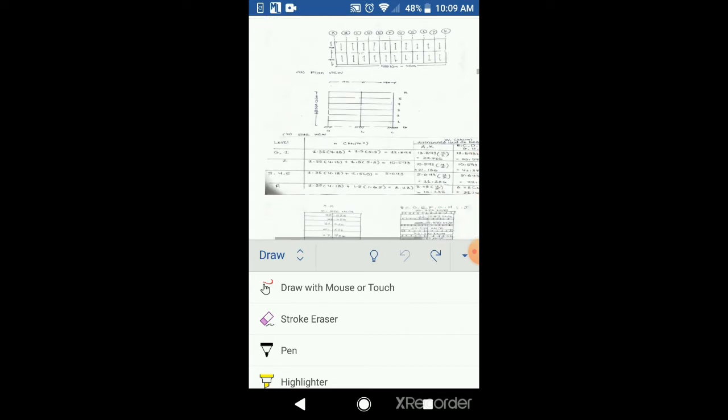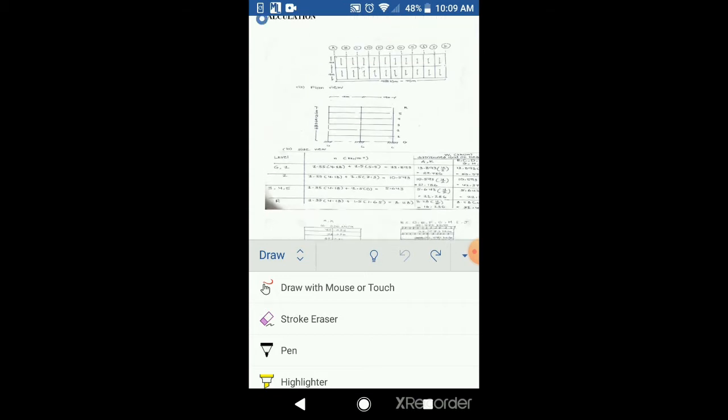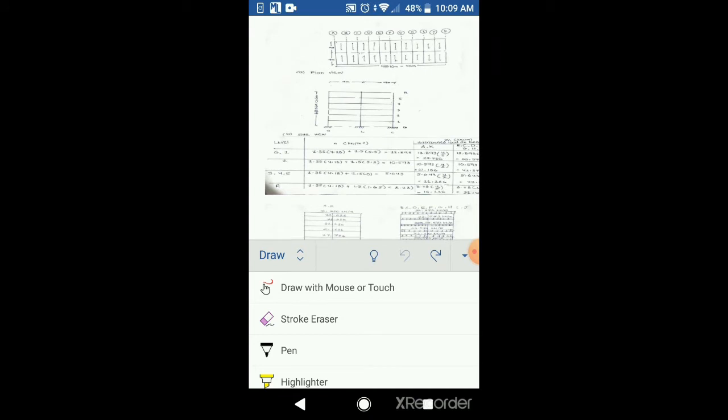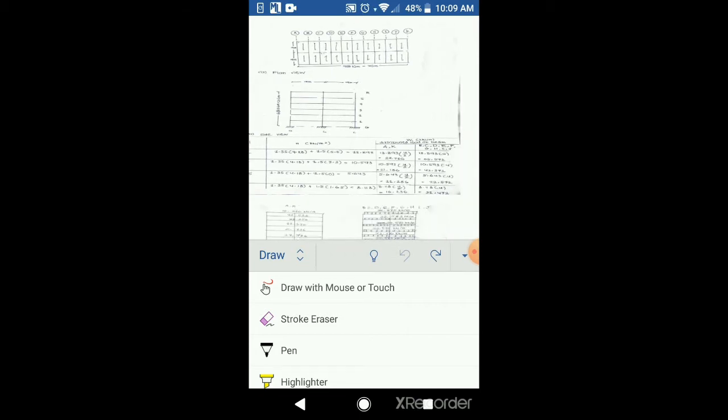So we calculate the area load by using Eurocode, multiplying the factor of safety 1.35 with the dead load, plus 1.5 with the live load.